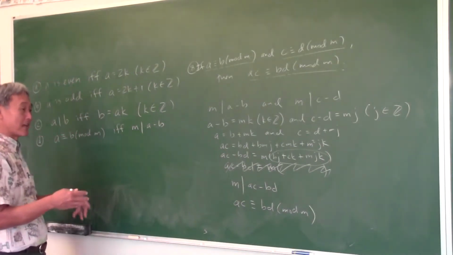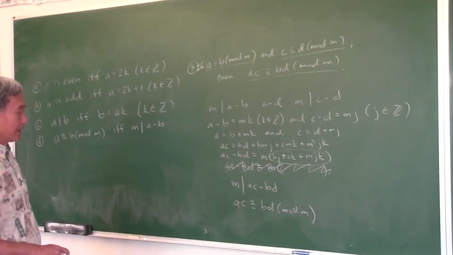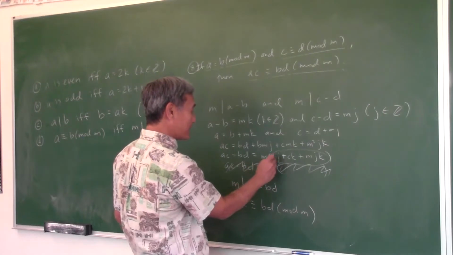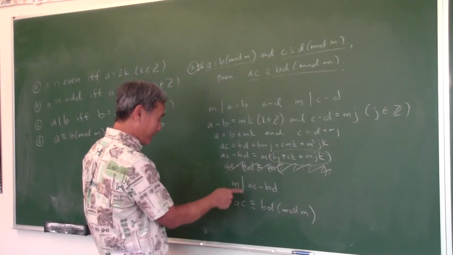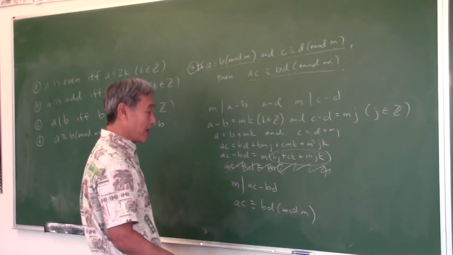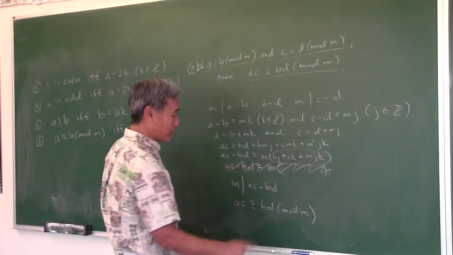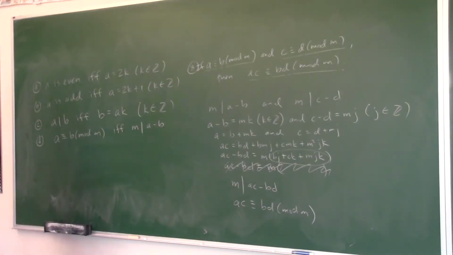Yes, so we say that the set of integers is closed for addition and multiplication. Okay? So, if AC minus BD is equal to M times some integer, then by definition, M is a factor of AC minus BD, and by definition, AC will be congruent to BD modulo M. And that's a really good example of a deductive proof.